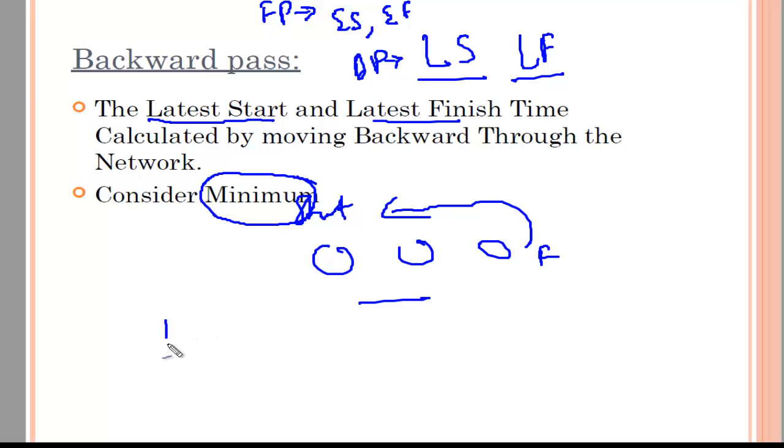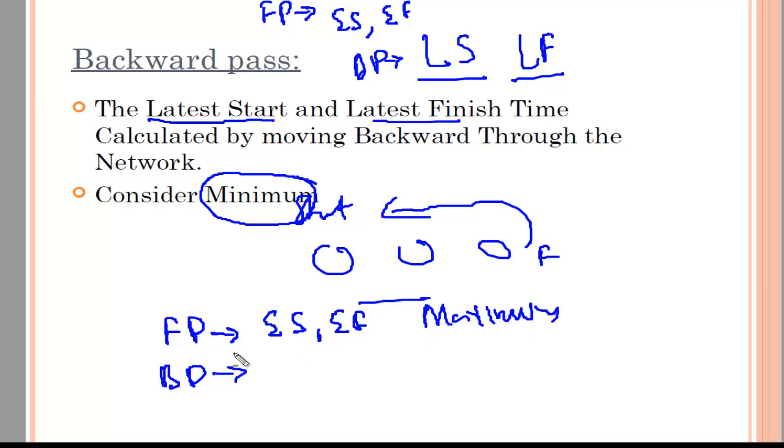So remember this only: if you go for the forward pass, you are calculating the earliest start time and earliest finish time, and you are trying to see the maximum. And if you are going in a backward pass, then you are calculating the latest start time and latest finish time. What are these? I will come to it. And here you will see the minimum.